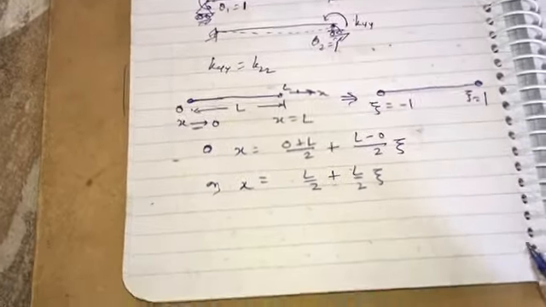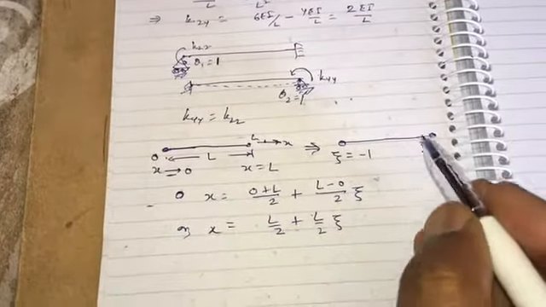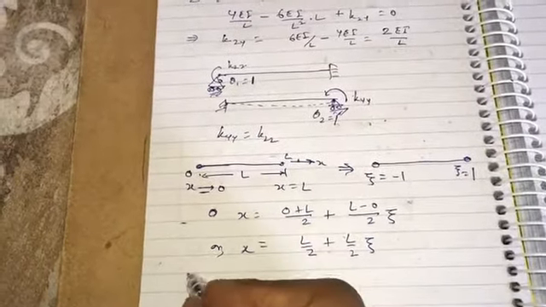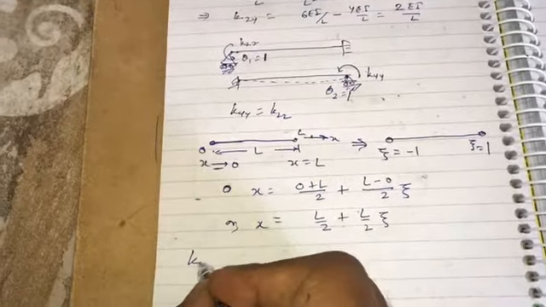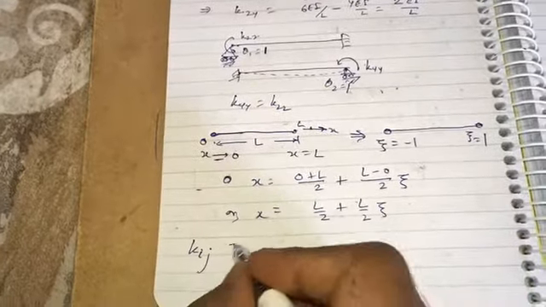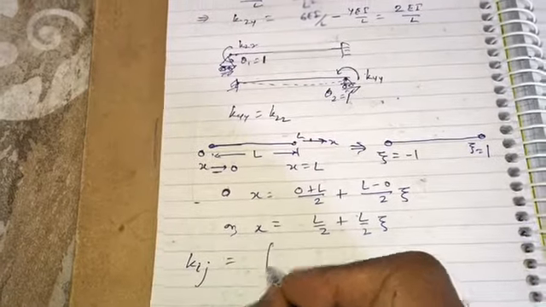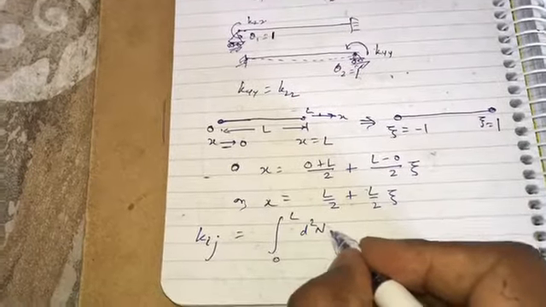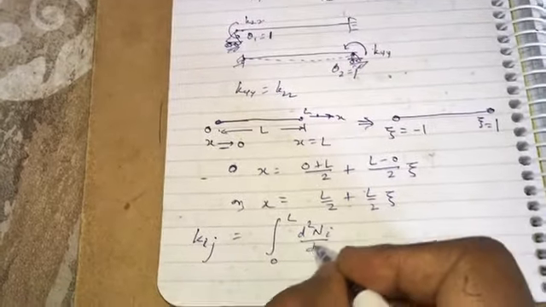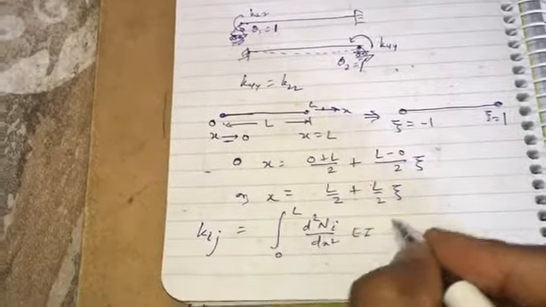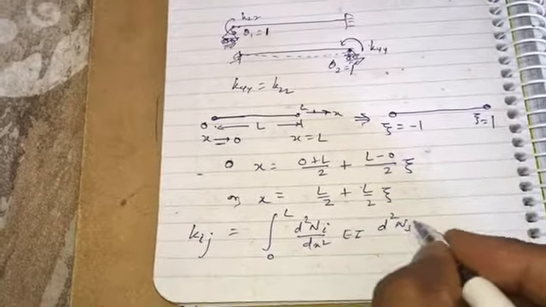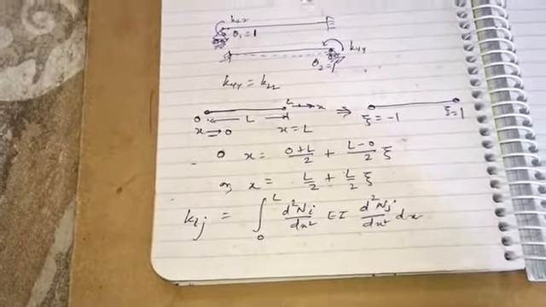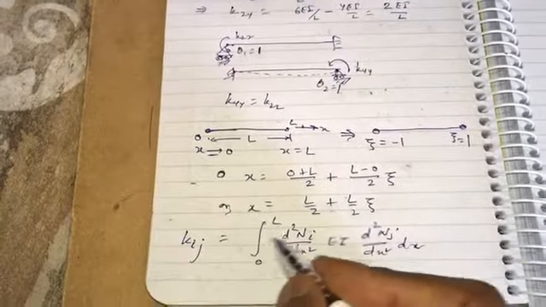Now we still have the same Kij. We have the integral from 0 to L of d square Ni over dx square, EI, d square Nj over dx square, dx. Then we can convert this.